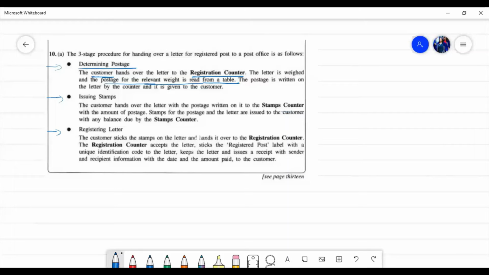The registration counter accepts the letter, sticks the registered post label with the unique identification code to the letter, keeps the letter and issues a receipt with sender and recipient information, the date and the amount paid to the customer.